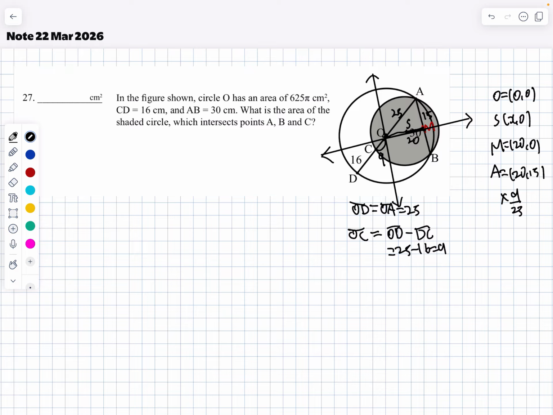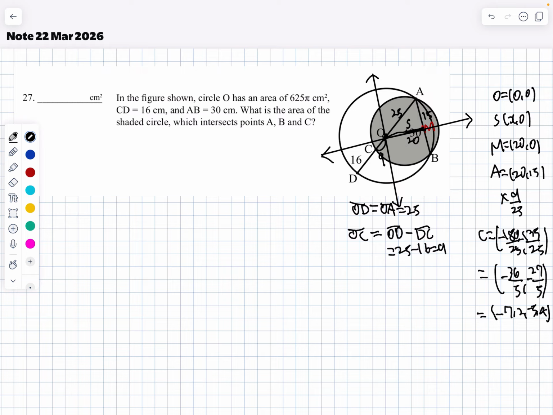So we can multiply 9 over 25 to A's coordinates. If we multiply 9 over 25 to each x and y, then we see C equals negative 5 over 36, comma negative 5 over 27, wait, in decimals, it is negative 7.2, comma negative 5.4.